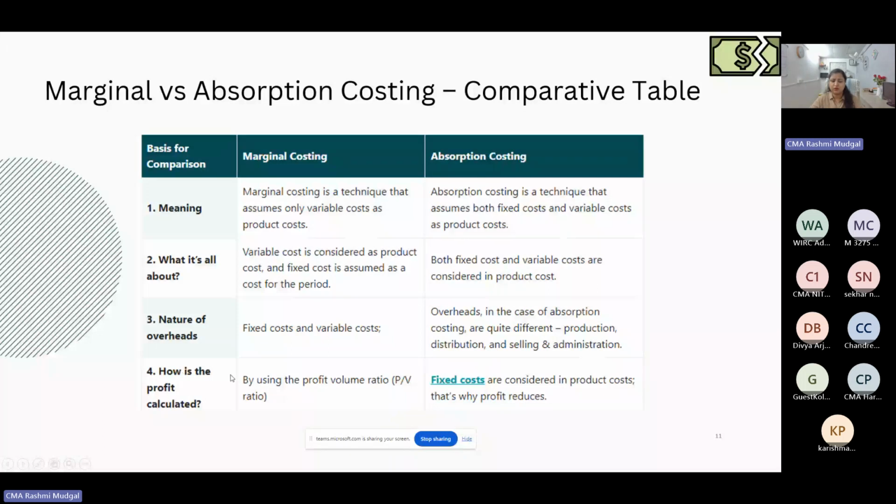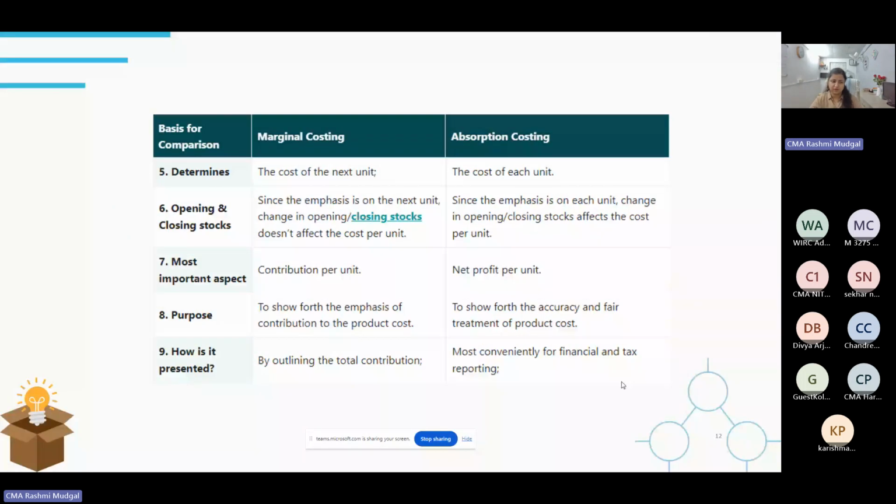What about profit calculation? Here we actually calculate the profit volume ratio, which is basically contribution divided by sales. But in absorption costing, fixed cost is also considered in the product cost, and that's why profit is reduced by a significant amount of the fixed cost. Marginal costing determines the cost of the next unit: if I am producing one more unit, what will the cost be?